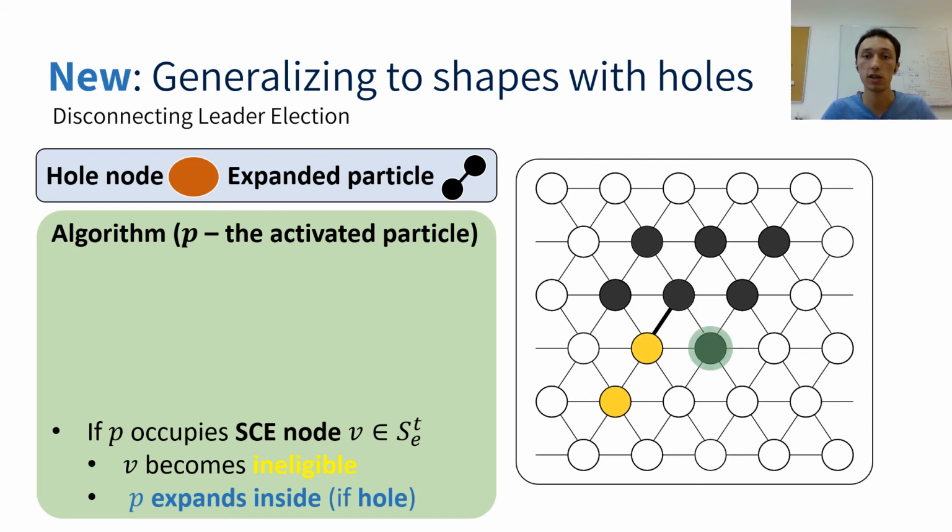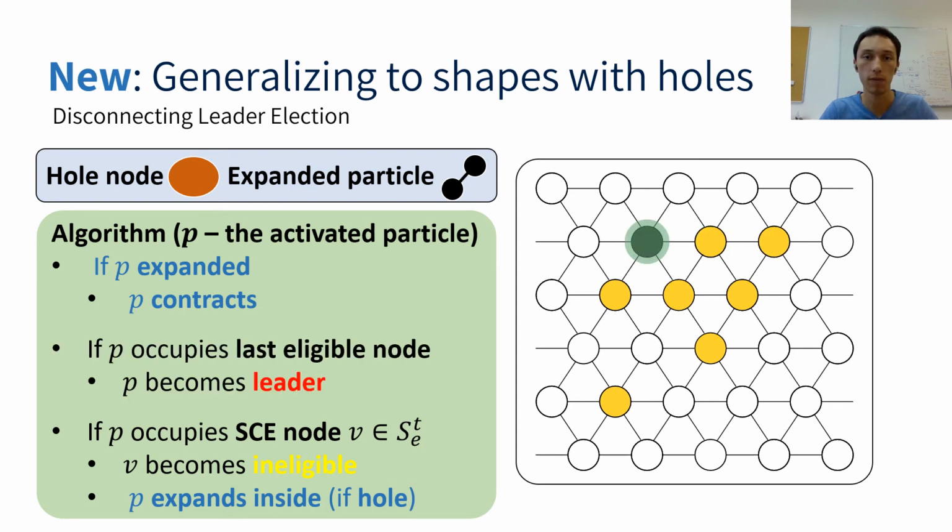Then the third activated particle occupies an SCE node and it becomes ineligible. The expanded particle is activated and contracts. The rest of the execution is the same as that of the previous algorithm. Particles which are activated here occupy SCE nodes, which are removed until finally the particle which occupies the last eligible node is activated and it becomes the leader.